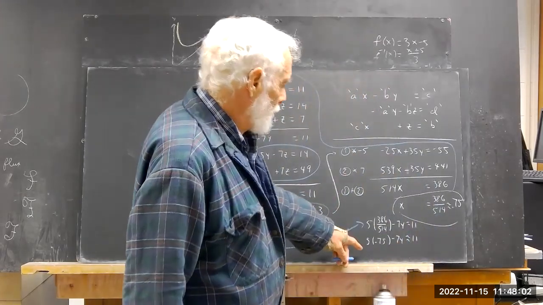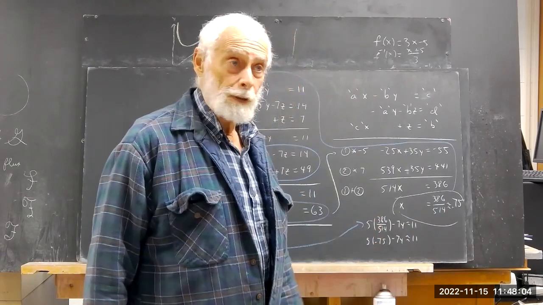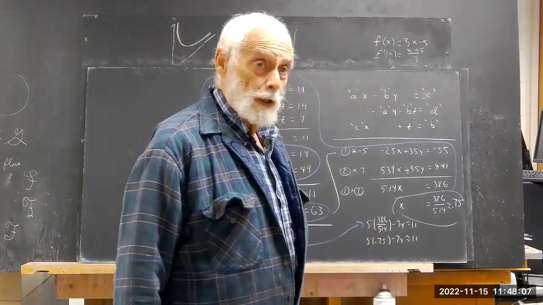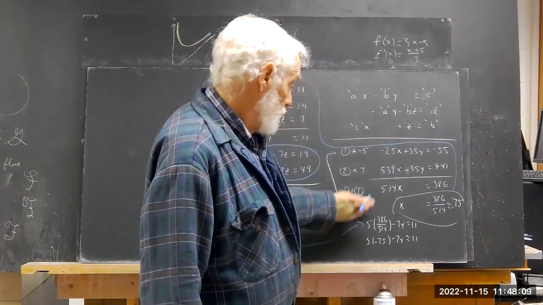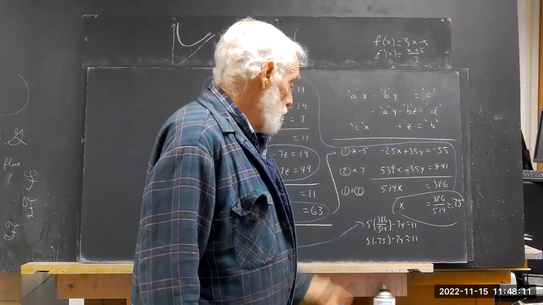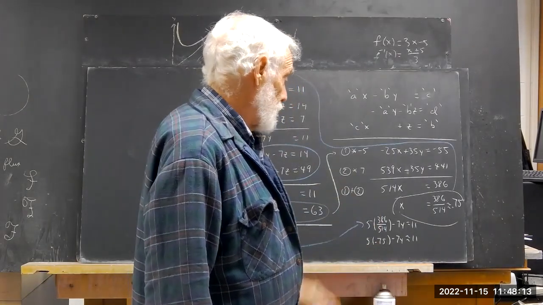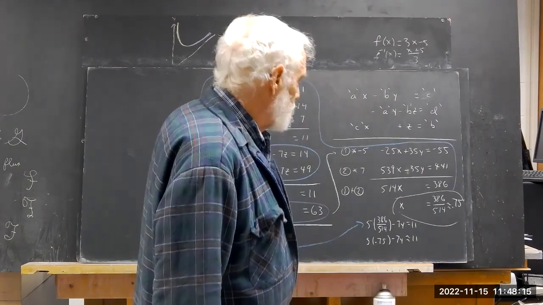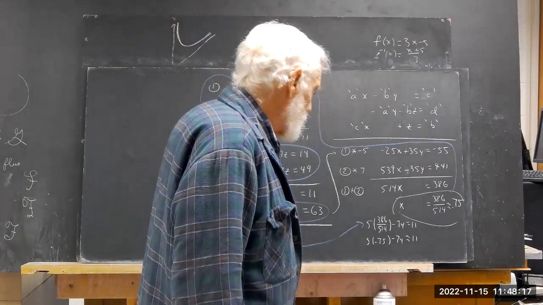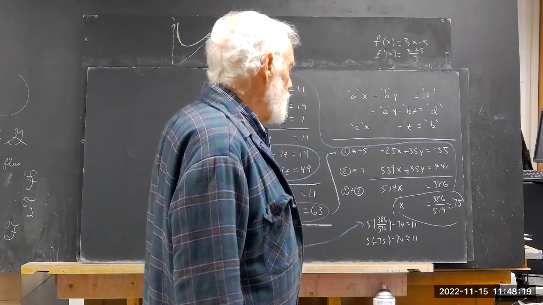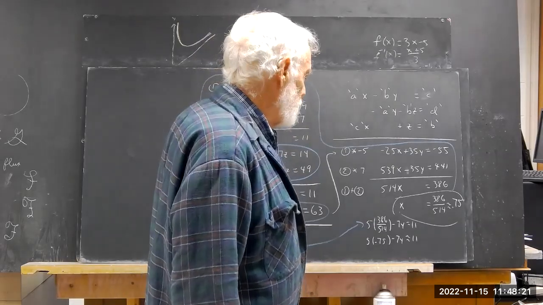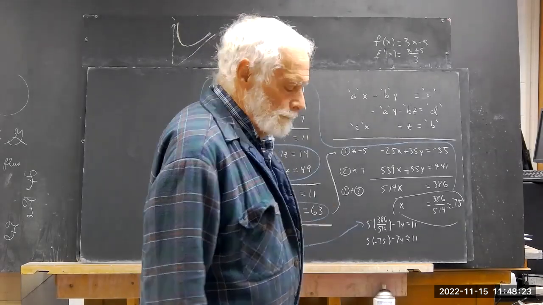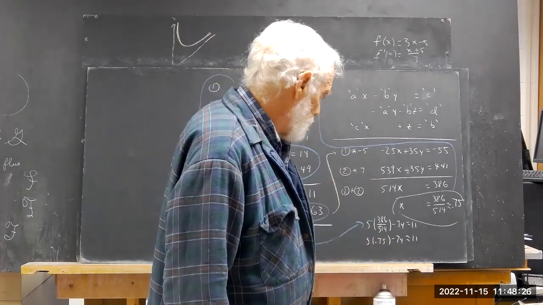I'm going to use a decimal approximation instead of having to do fractions, but with your calculator, you could easily do it with a fraction. And I got 5 times 0.75 minus 7y is approximately equal to 11. And that's 15/4, which is 3.75.